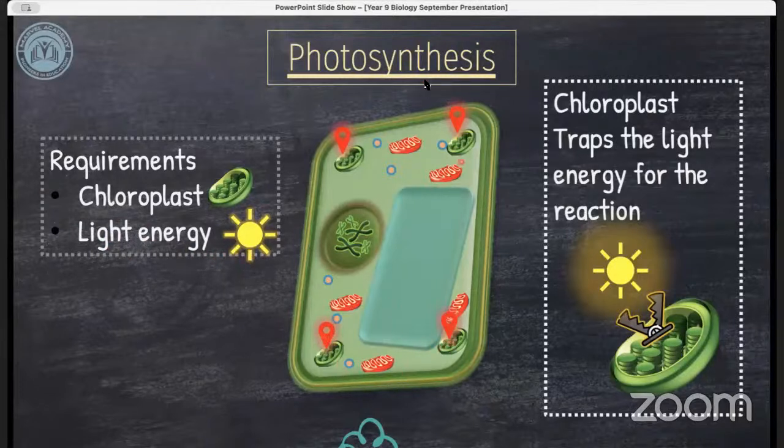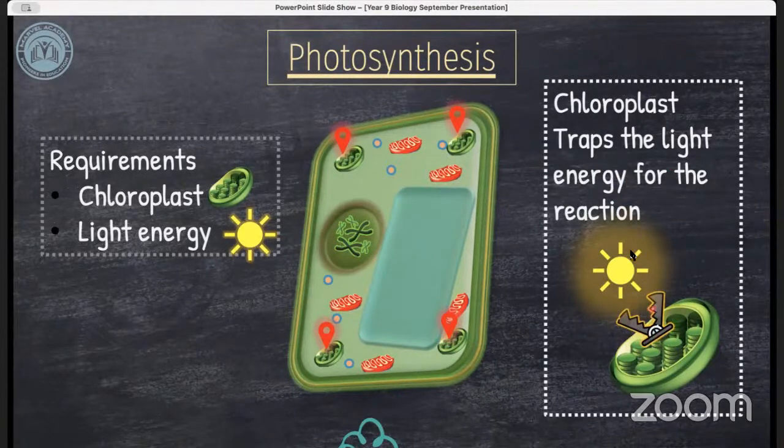So you can see the locations of this. It is not present at only one location, children, but at multiple regions, right? Okay. So the chloroplast traps the light energy for the reaction. What does the chloroplast do?